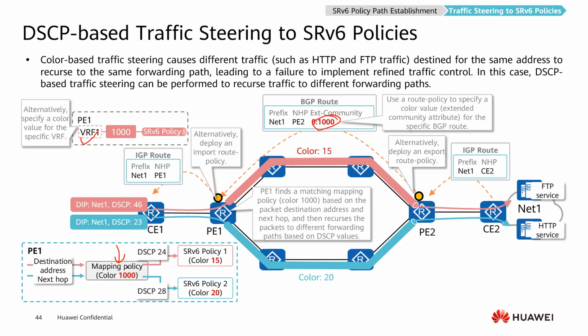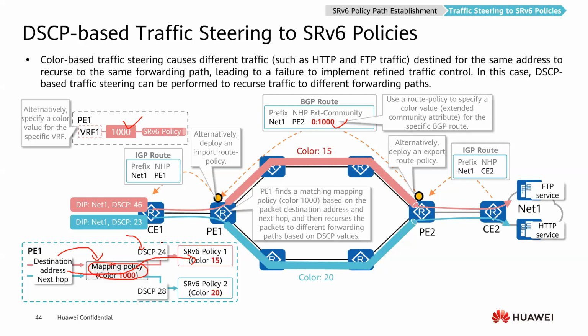Okay. So when the packet is forwarded, what will they do? First, based on this color, they will find the mapping policy. Then the traffic is forwarded. While forwarding, the device decides based on the DSCP value and the mapping policy.